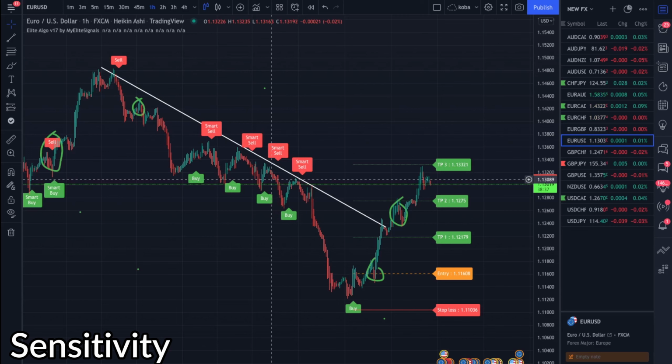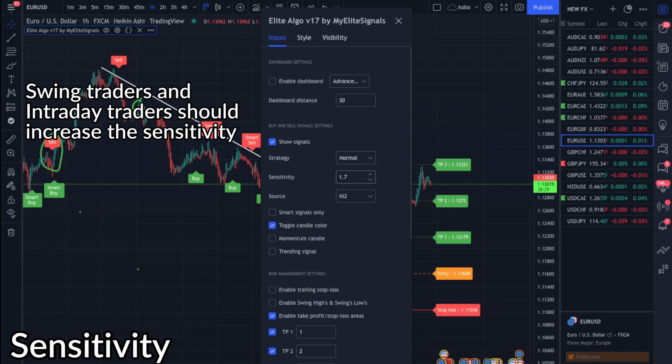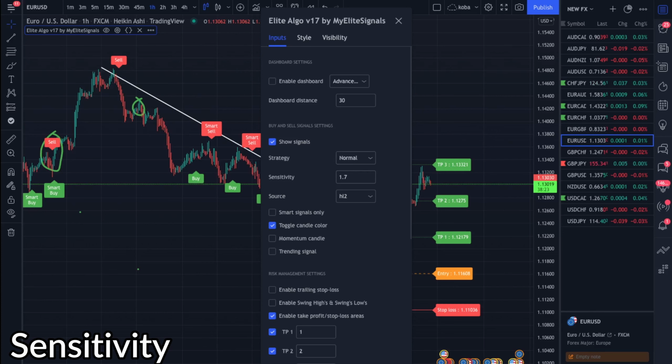Very important. Now, as for sensitivity, what you can also do, guys, is you can change it to even higher sensitivity if you're more of a swing trader or intraday trader, guys. So by default, looking at the normal sensitivity, a sensitivity of under 2 is considered more of a trend scalping strategy.